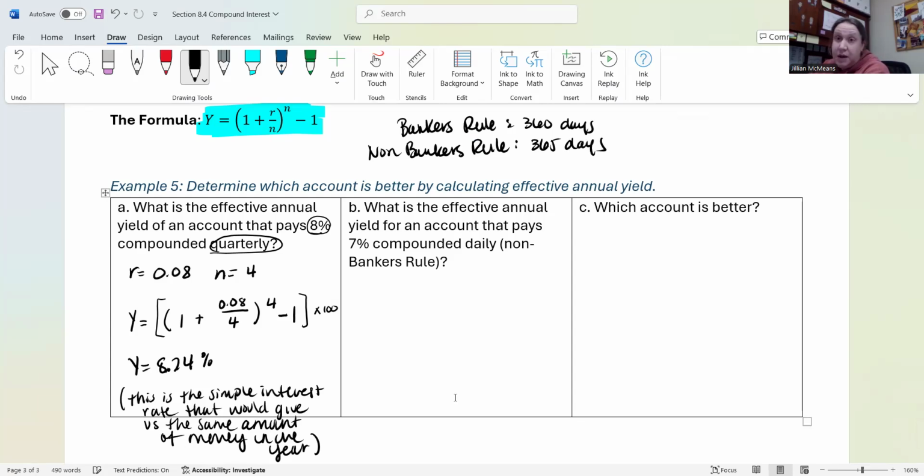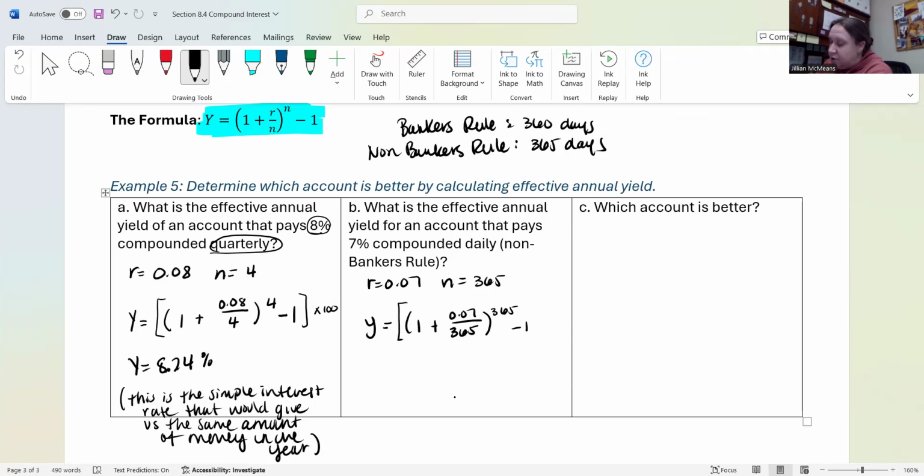So since we're not using the bankers rule here, we would use n equals 365. So r is 0.07, n is 365. So y equals 1 plus 0.07 divided by 365 raised to the 365 power minus 1.